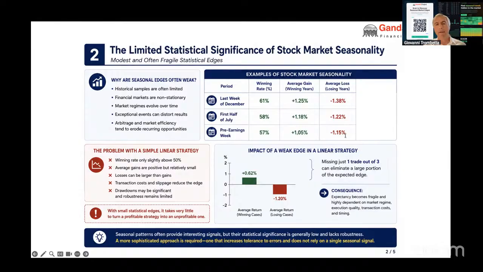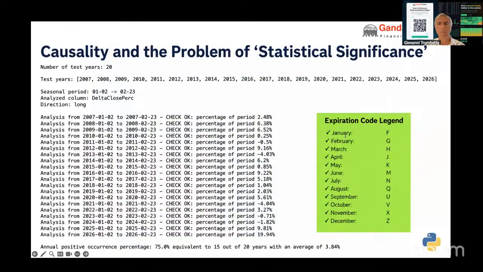So, just to continue, let's see why a traditional long stock approach struggles with weak seasonal signals and why directional errors become so costly. In this example, it's quite clear, we have just 20 recurrences. What does it mean?